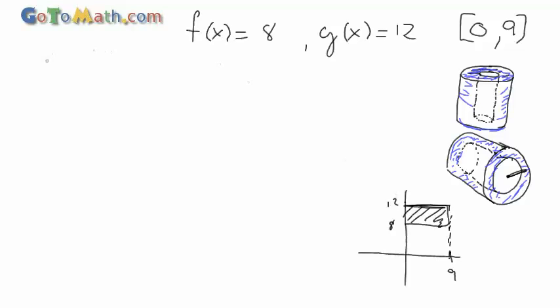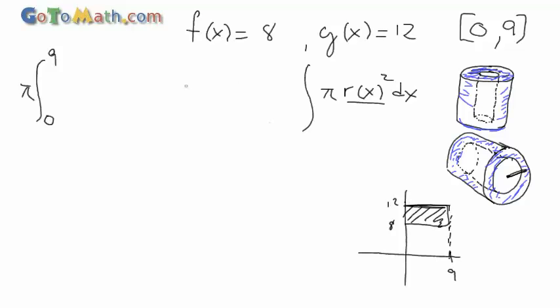So let's go ahead and set that up. We're going from 0 to 9, and I always bring the pi outside. Now remember what this formula was in 1.1. It's pi, right? This is a function in here, squared, and then dx.